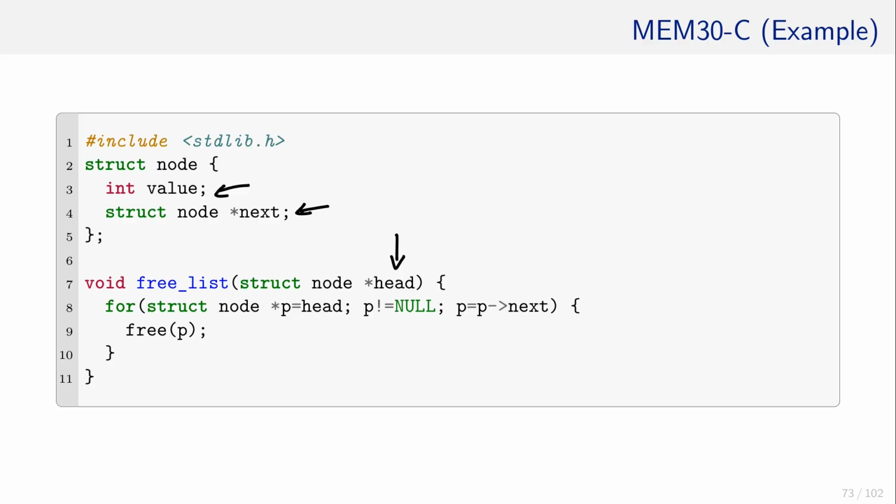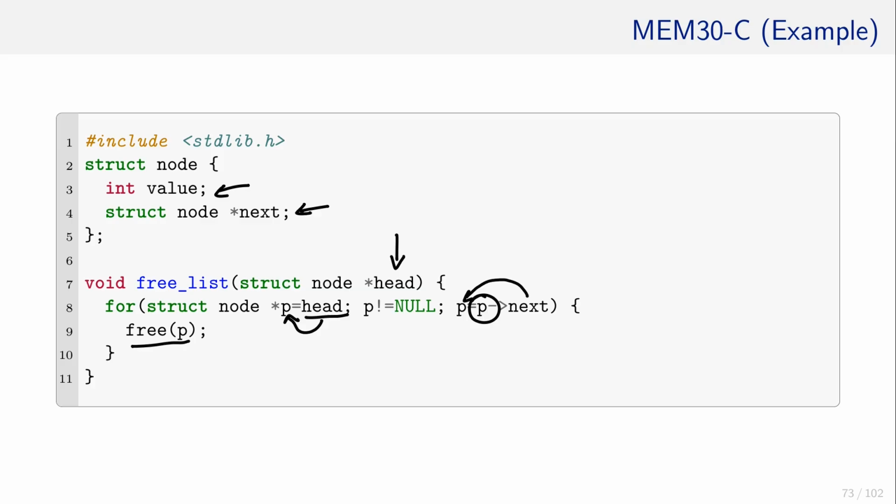So what happens here? We take the first element and store it in the pointer p. This p is then freed and its memory is deallocated. Then we go to the next element by setting p to the next element. However, for that we need the current p, otherwise we do not know what is next.